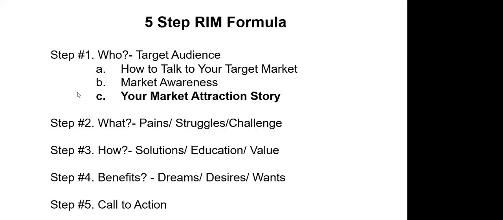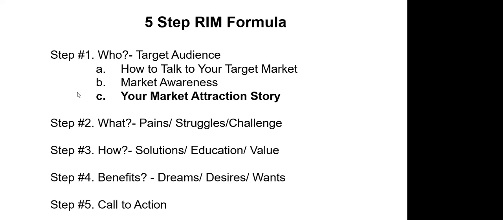So what this step C is, your market attraction story, is I have an assignment, and I have it on Facebook where you can print it off, and we can put it in the files too. But this is what's my market awareness story. I want you to walk through the process just like I just walked you through my process of going through all those stages.